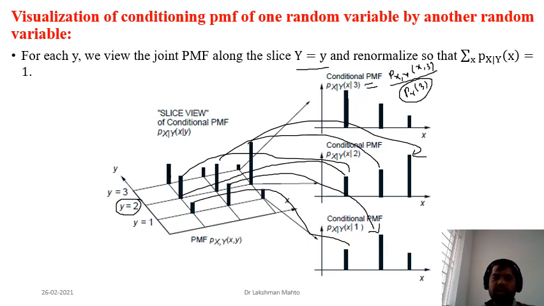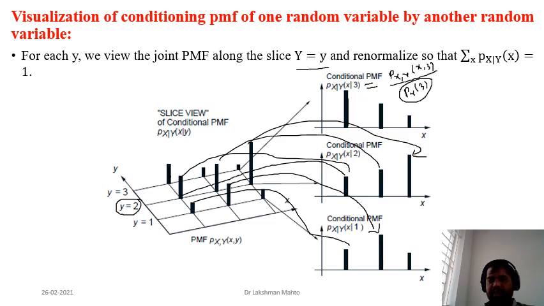You can observe that in this joint probability mass function, this one is the highest bar. In a similar fashion, in the conditional probability mass function, the same one is the highest, and for x equal to 2 it remains the same, it is not going to change. You can observe that these two are relatively smaller, in the conditional probability as well.